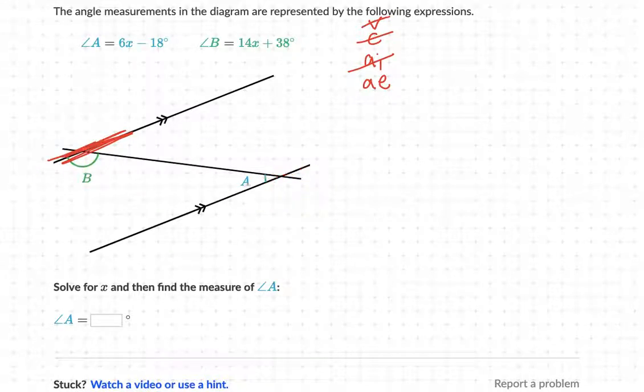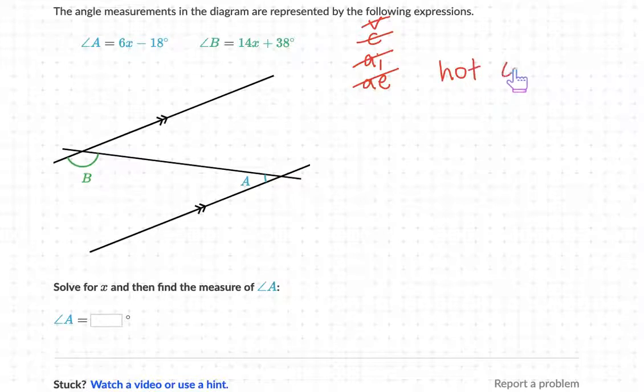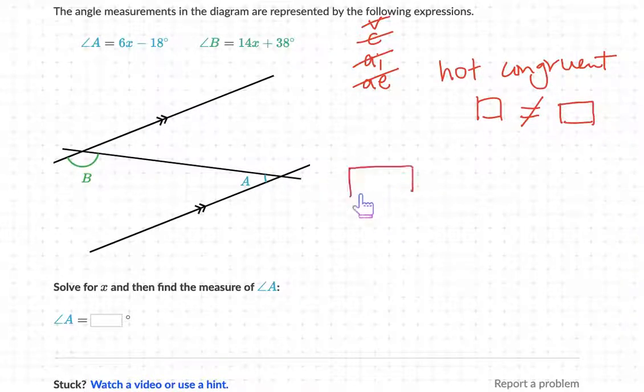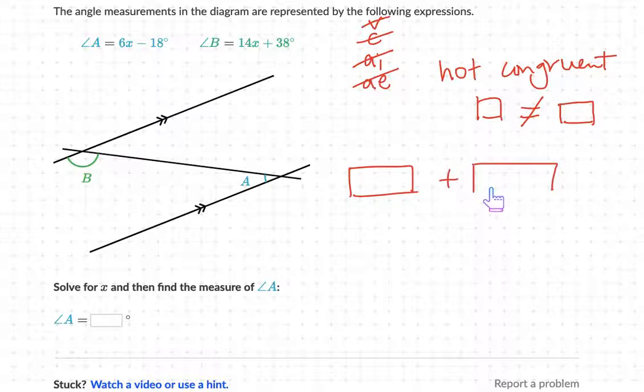The closest they were was alternate interior, and they were not. So they are not congruent. These two angles are not congruent, so we cannot make them equal to each other. That means we would have to add them up and have their sum equal to 180.